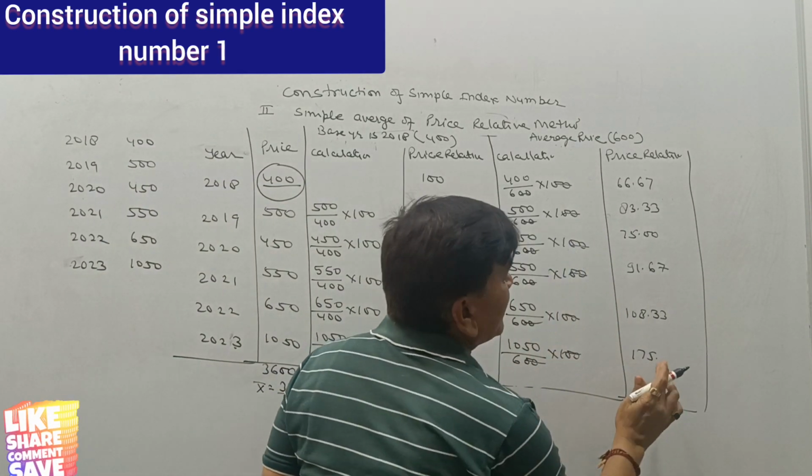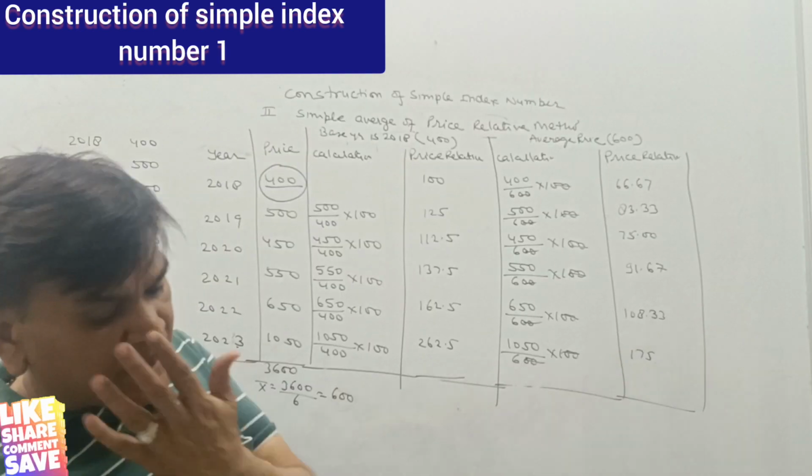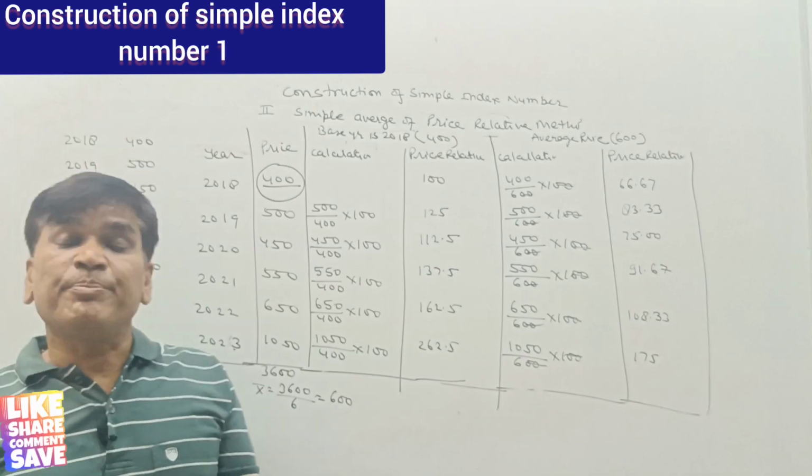So these are the linked relatives. With the help of this, we can calculate the simple index number.